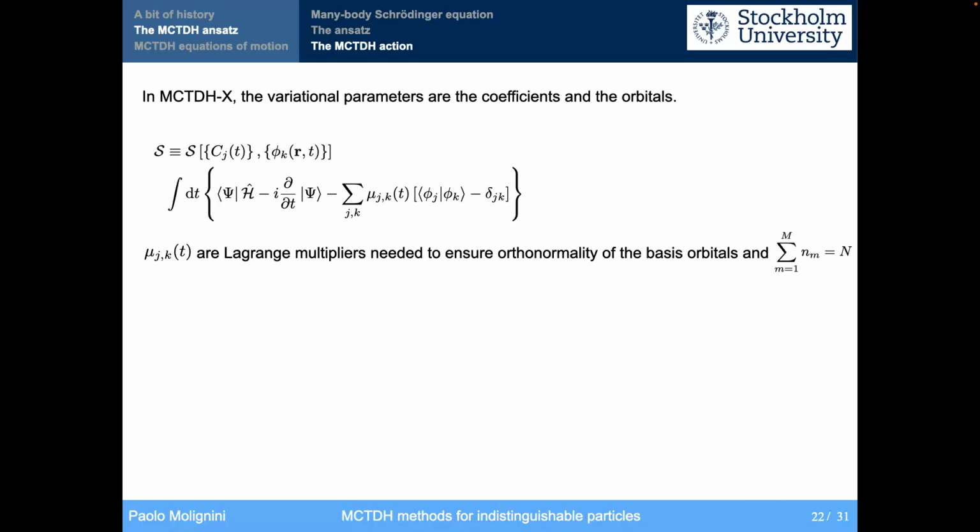Those are needed to ensure, first of all, that the populations of each orbital sum to the number of particles you have, so that it's consistent, and also that the orbitals remain orthonormal at all times, so that you do not change them to become non-orthogonal when you're doing the optimization procedure. I mean, this is a detail, it doesn't really come up anywhere in the equations of motion, but it's important to be aware that there is an intrinsic orthonormality that is preserved.